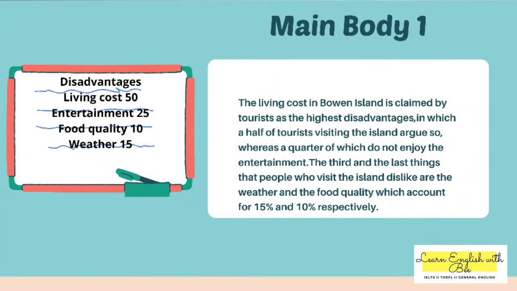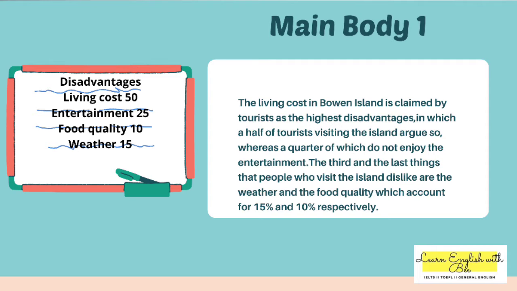As for the second sentence of the first body, I wrote, the third and the last things that people who visit the island dislike are the weather and the food quality, which account for 15% and 10% respectively. It is obvious that I used the third and the last one.